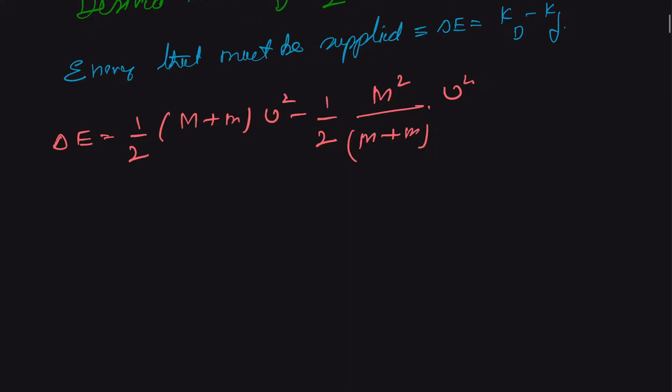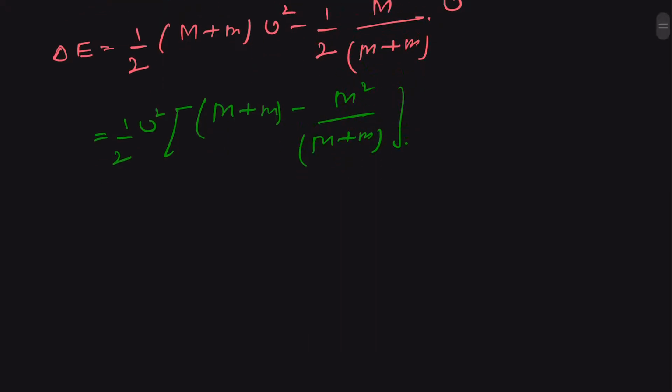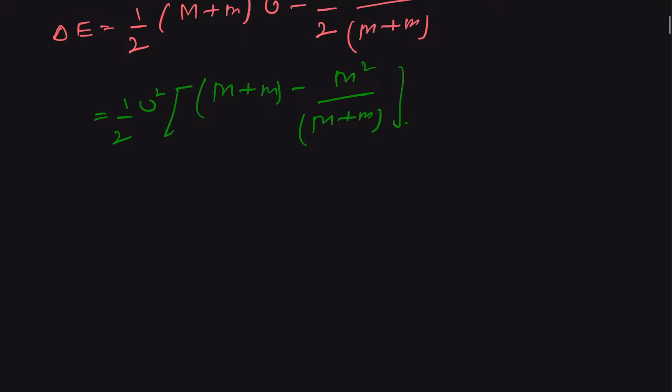Therefore we can take half v square common, and we are left with m plus small m minus m square over m plus small m, and we are going to take the LCM now and sort it out. So we get half v square, and our LCM will be m plus small m.